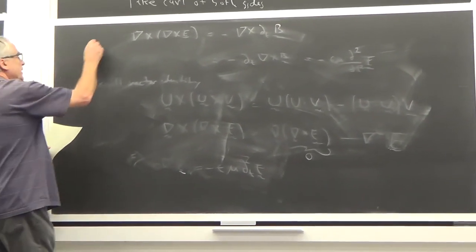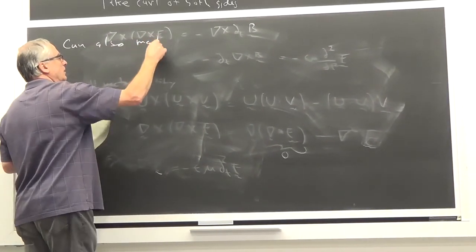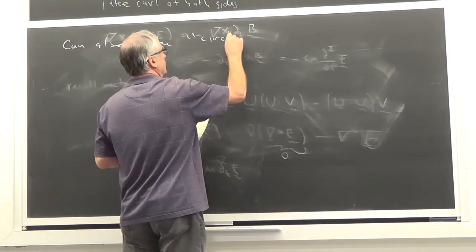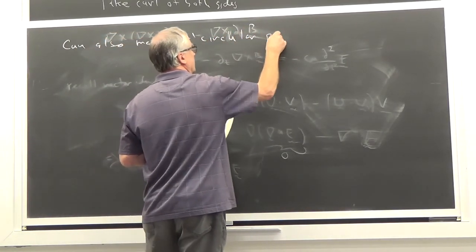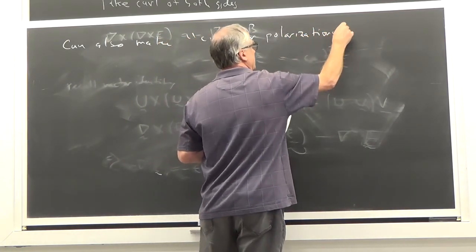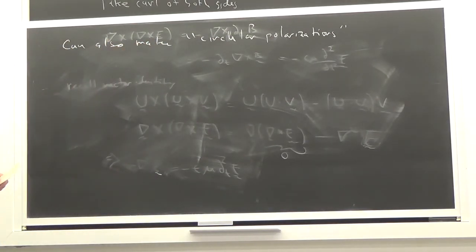We can also make circular polarizations. So with these linear polarizations, the wave may be going that direction, the electric field may be off in this direction, so it's just, the electric field is just oscillating from pointing down here to pointing up there and all the values in between.